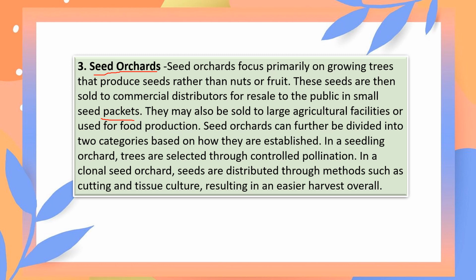Seed orchards can further be divided into two categories based on how they are established. In a seedling orchard, trees are selected through controlled pollination. In a clonal seed orchard, seeds are distributed through methods such as cutting and tissue culture, resulting in an easier harvest overall. So those are the three types of orchards.